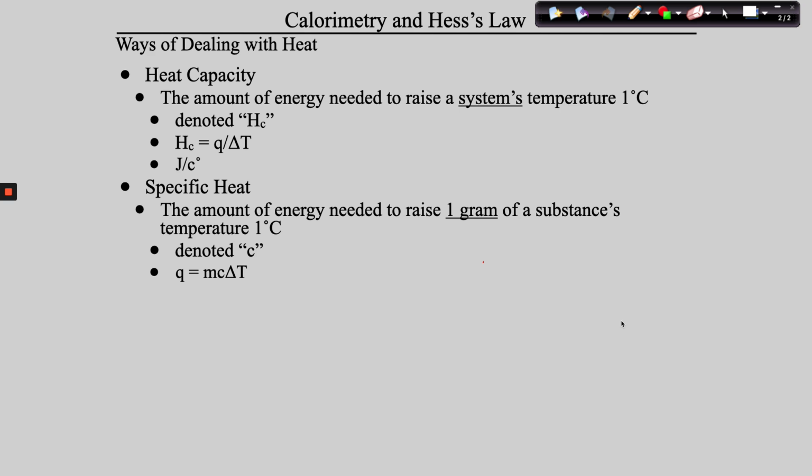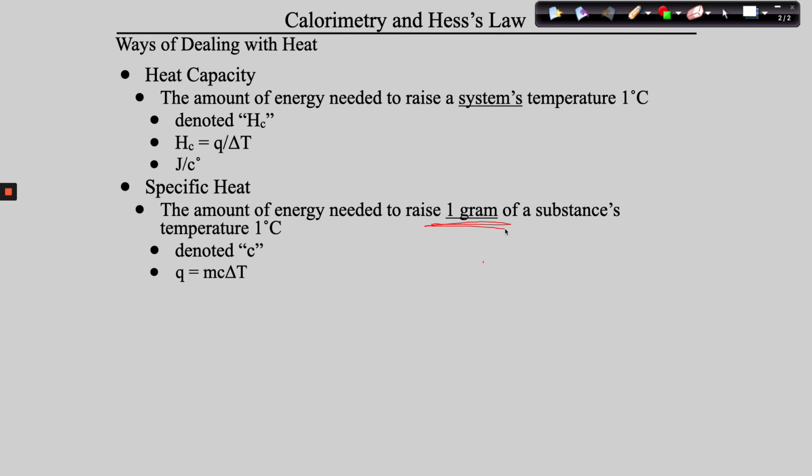Now, I hope this is in here. It's not, but we should talk about this. Coming back to Elizabeth's idea, 1 gram: specific heat is specific to a gram of a substance. If that is water, it becomes this.